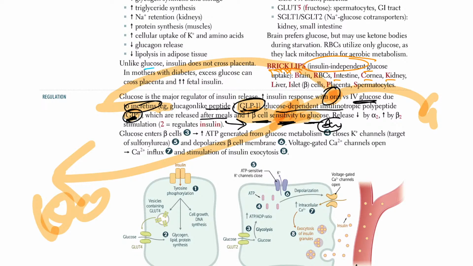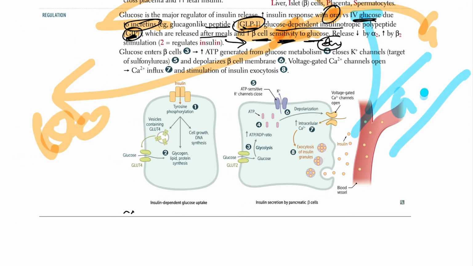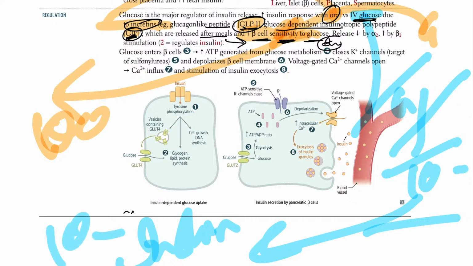Versus if you give someone IV glucose, whatever glucose reaches the beta cell, it will release insulin based on the level it reached. So for example, maybe you have 10 insulin molecules released. I'm just giving an example, okay?